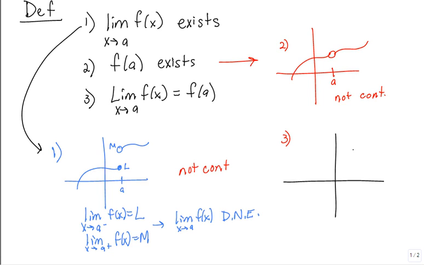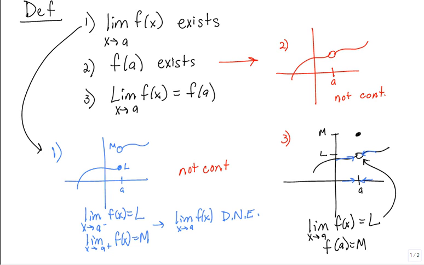Okay, then you have something like this, where the limit as x approaches a of f of x is L, because the graph is going to this point as you approach a, but the point itself, f of a, is M. Okay, so the limit's down here, and the point's up here, and they're not equal.